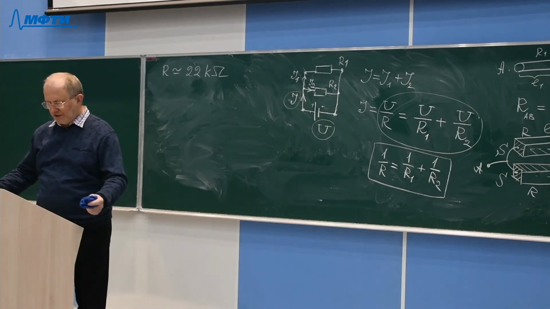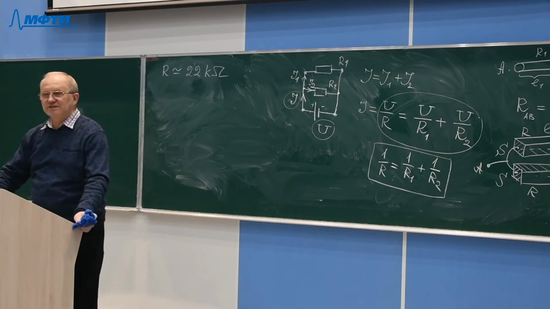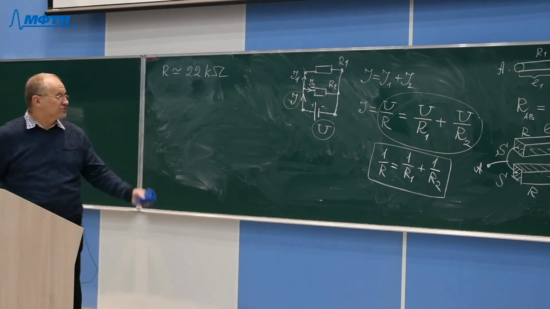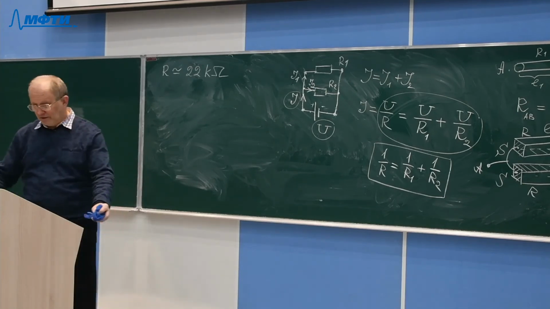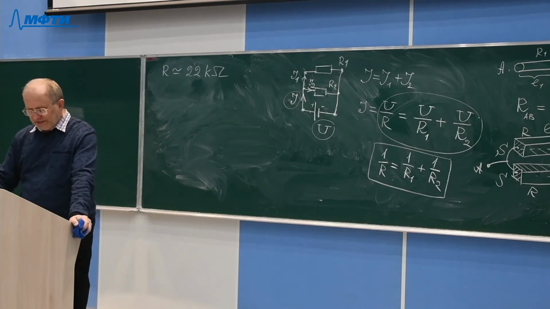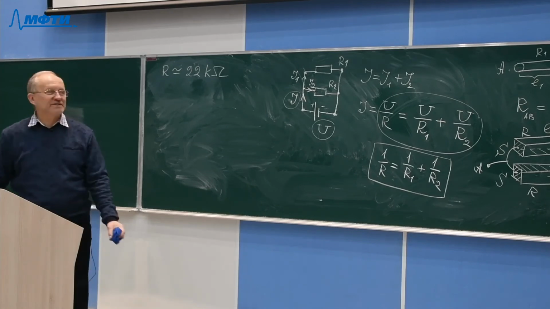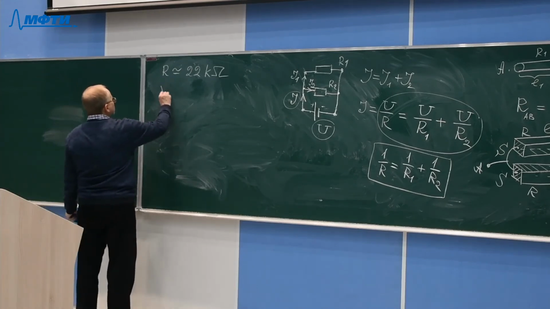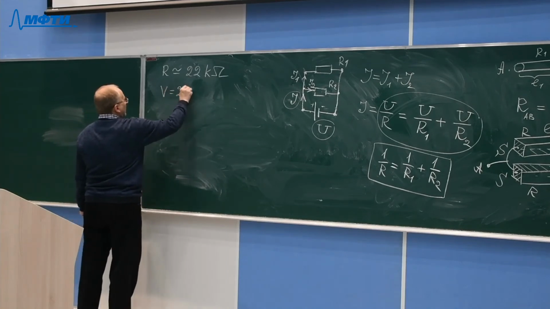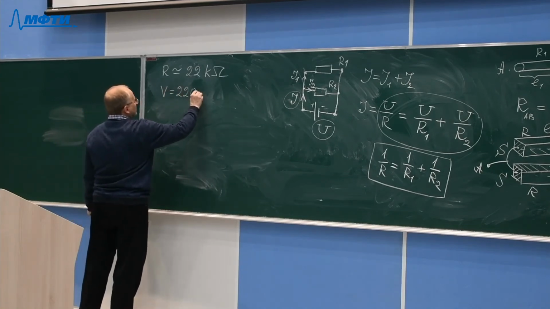And the question is, assuming that the resistance of the human body is equal to this given quantity, find the current passing through a person who touches a 220 volts cable. So there is a cable under 220 volts.